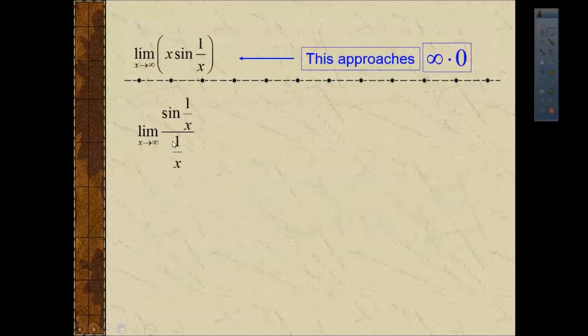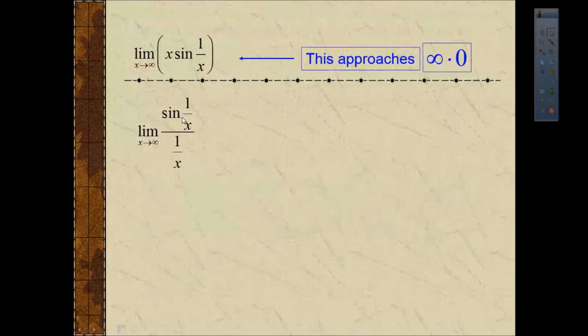Let's take a look at this fraction, sine of 1/x over 1/x. In simplified form, isn't that the same as x sine of 1/x? Well, it is. So our approach here is not to simplify, we're complicating. I've complicated x sine of 1/x, but in such a way that now we're in a position to apply L'Hopital's rule.